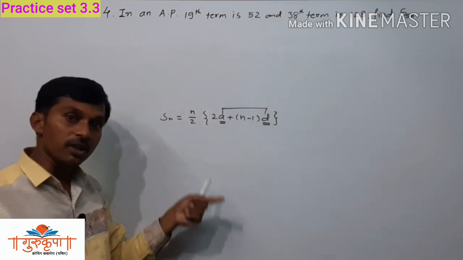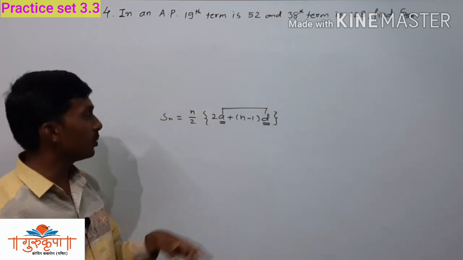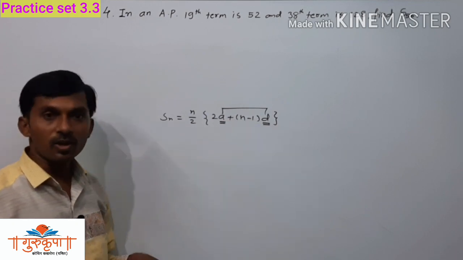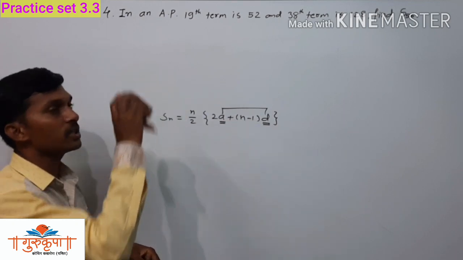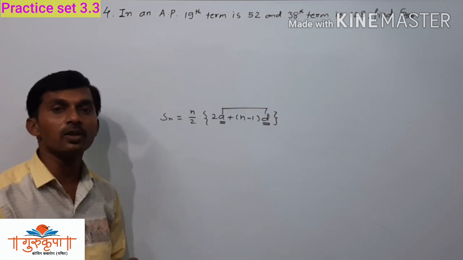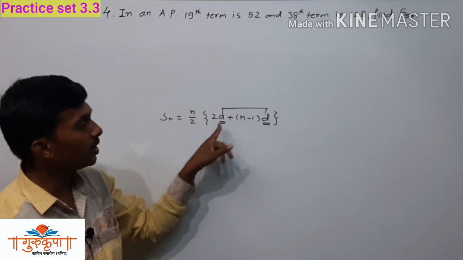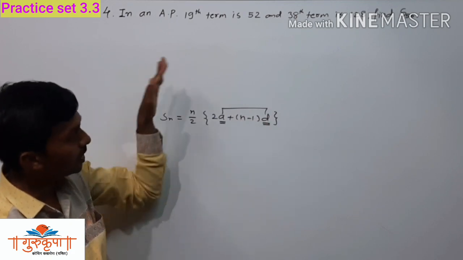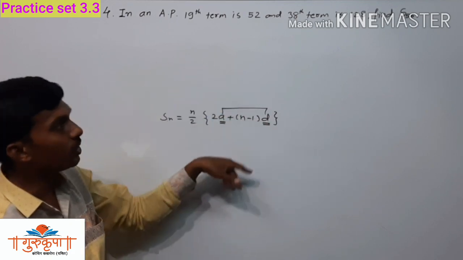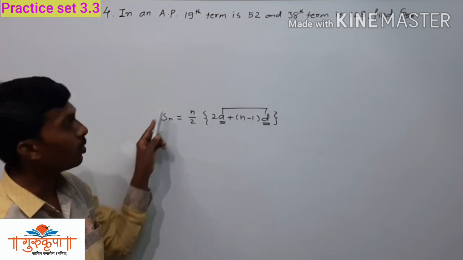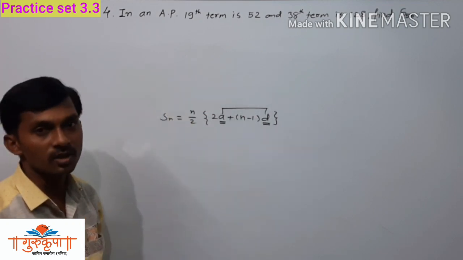Simplifying these two linear equations, we will get the values of A and D. And once we get the values of A and D, you can simply put these values in this formula and you will find S56, the sum of the first 56 terms.